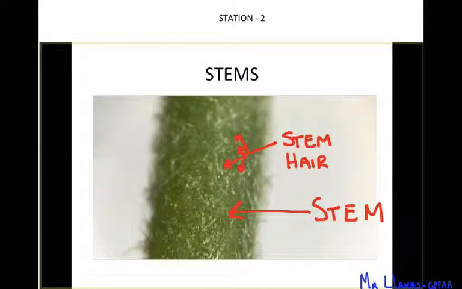We also looked at stems, and we said that their main function is to support the plant, to support the branches that hold the leaves, that hold the flowers. They give it structure. They also have stem hairs, and that hair is not to maximize the absorption of nutrients, it's actually to protect the plant from predators or herbivores, things that are going to be eating the plant.